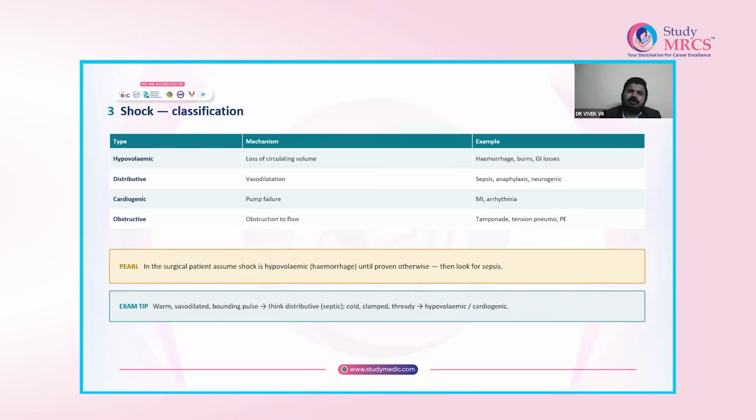So what about the non-hemorrhagic type of hypovolemic shock? Here it is not blood that is lost, but body fluid. One example is burns. The body fluid is lost in burns, into the tissues and the extracellular space, and also through gastrointestinal losses.